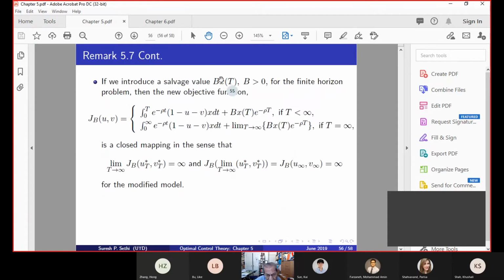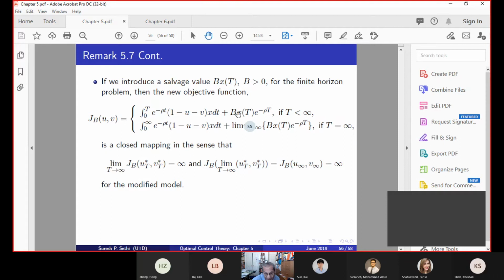Now let's introduce the salvage value. If I introduce a salvage value, then J of B, U, V with the salvage value B is given by this if t is less than infinity, and it is this when t equals infinity, where I take the limit of the salvage value as t goes to infinity. Now the mapping becomes a closed mapping, because if you take the limit as t goes to infinity, this is also infinity.